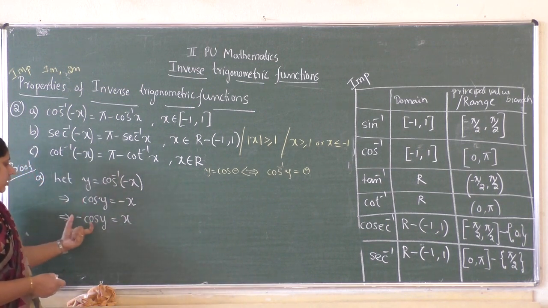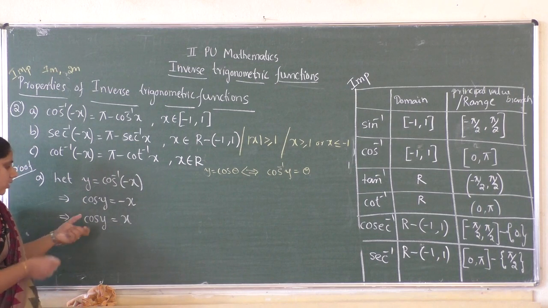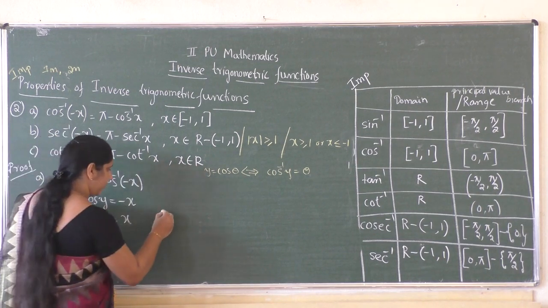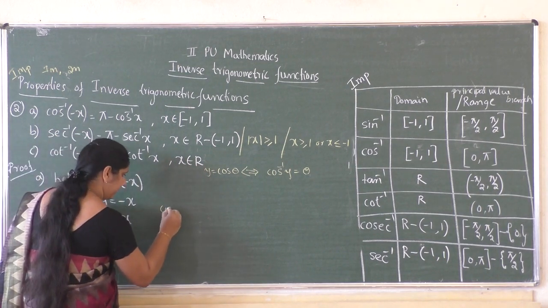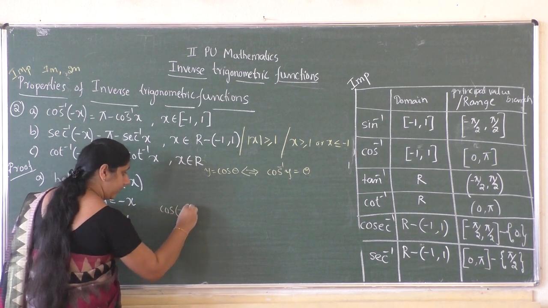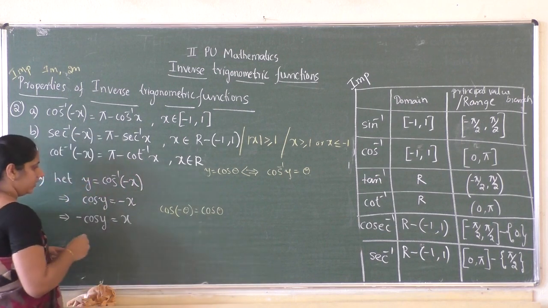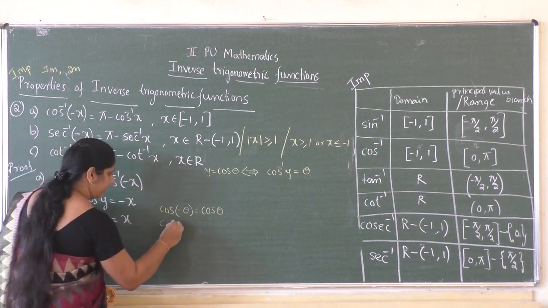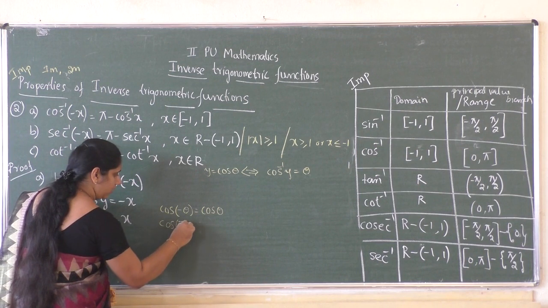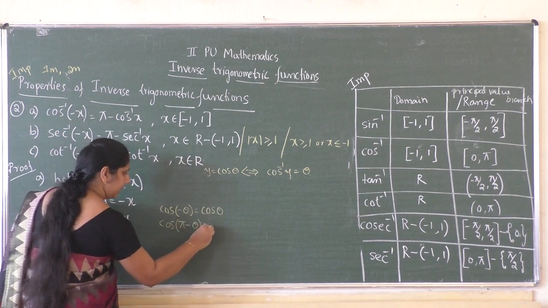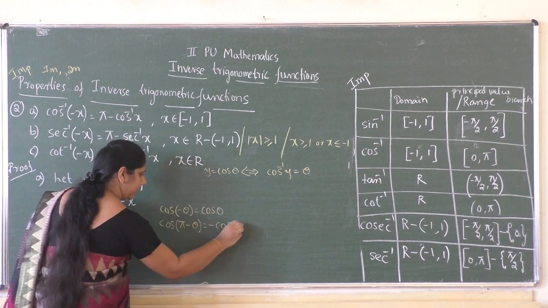Now, minus cos y. See, in first year trigonometry we have the property cos of minus theta is plus cos theta, so we can't take that property, but cos of pi minus theta is minus cos theta, correct?